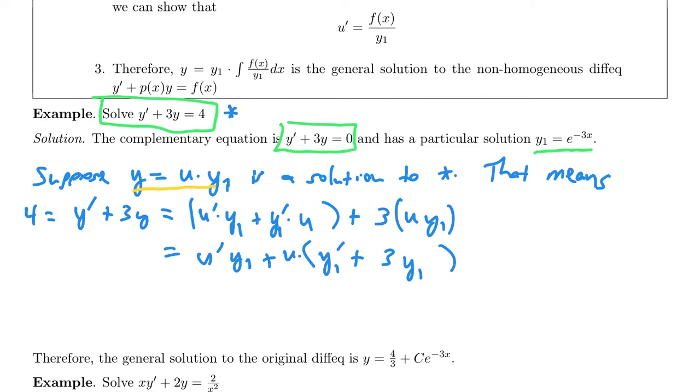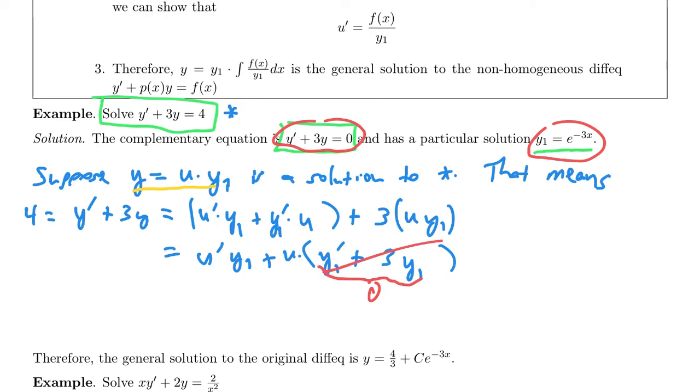The reason that matters is that, remember, y1 was a solution to the homogeneous equation, and so this is 0. y1 prime plus 3y1 has to be 0. That's what we said here. This was a solution to the homogeneous equation. So that function plugged into that homogeneous equation gives me 0, and so that part is 0.